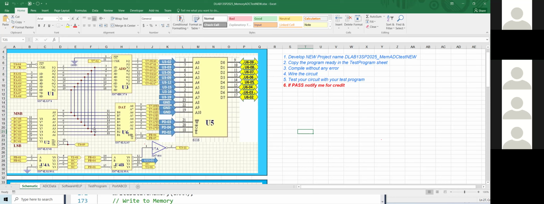And you have to set the U6 direction to A to B, 0. So the data now goes outside of U6 and will go to the memory data. And make sure you enable U6.